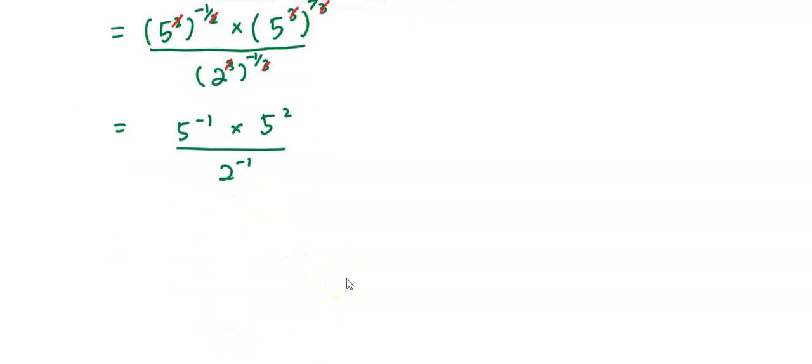Now we can use the rules of indices because we have the same base, that is 5. The powers can be added up, and what you have now is 5 power of negative 1 plus 2, you get a 5 power of 1. So here you have 5 over 1 over 2, which is equivalent to 5 multiplied by 2. That is equal to 10.